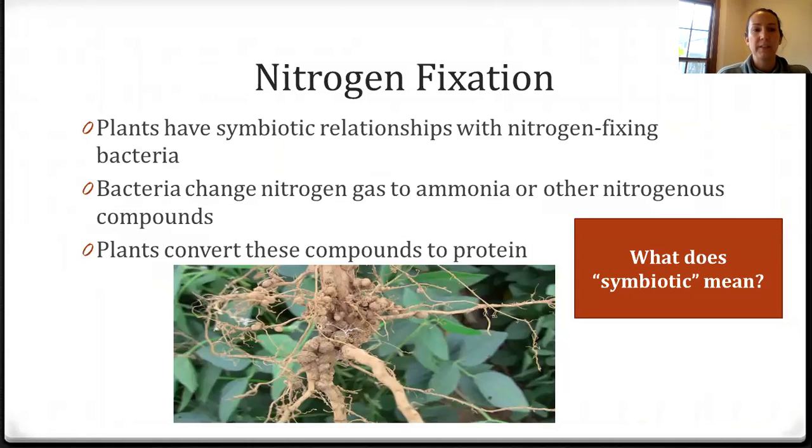Okay, nitrogen fixation, when plants have a symbiotic relationship with nitrogen-fixing bacteria. Remember that the nitrogen in the air is not usable until it's fixed. So bacteria change nitrogen gas to ammonia and other nitrogenous compounds. Plants then convert these compounds into proteins.